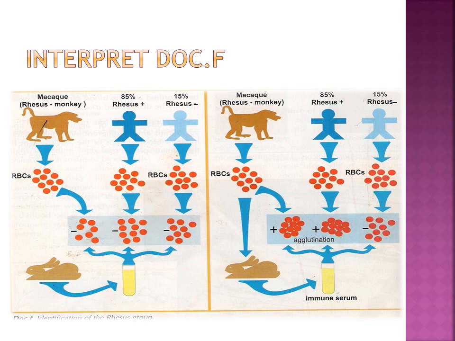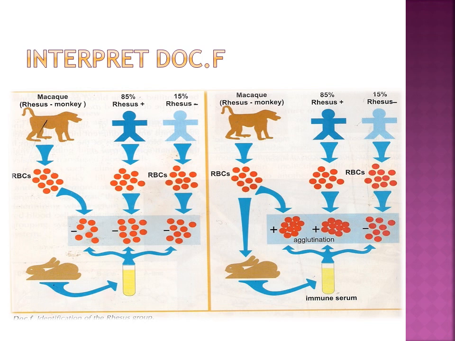You should know. For the other document, F2, the rhesus monkey is together with a rhesus positive and a rhesus negative individual. Red blood cell samples are taken and placed on a glass slide as previously, but additionally, a given sample of RBCs from the rhesus monkey was injected into the rabbit.